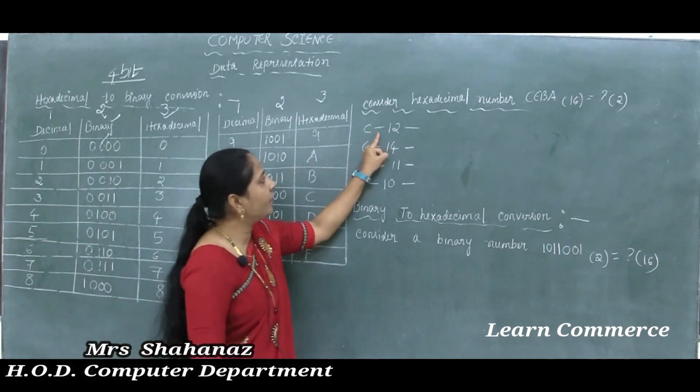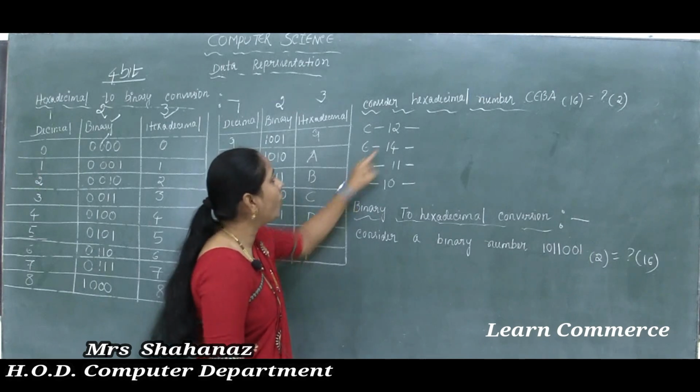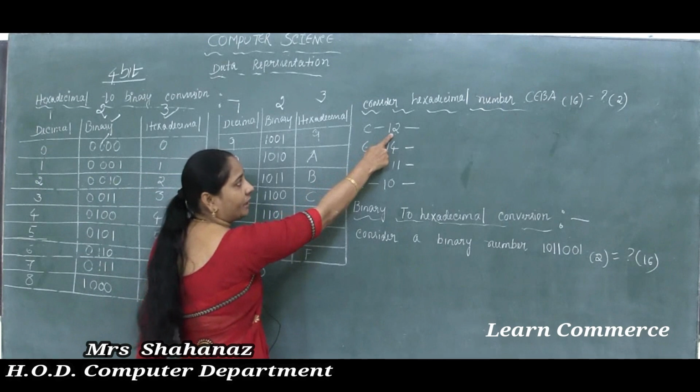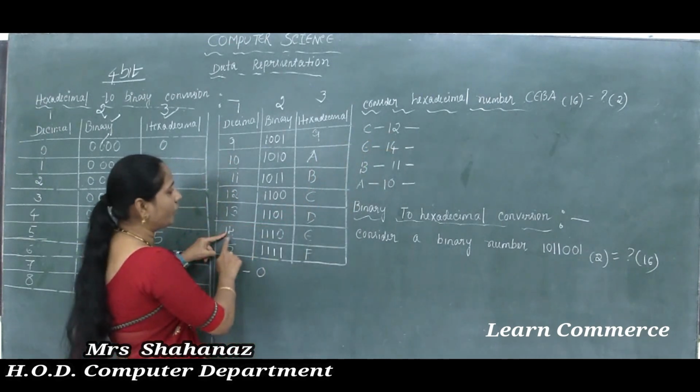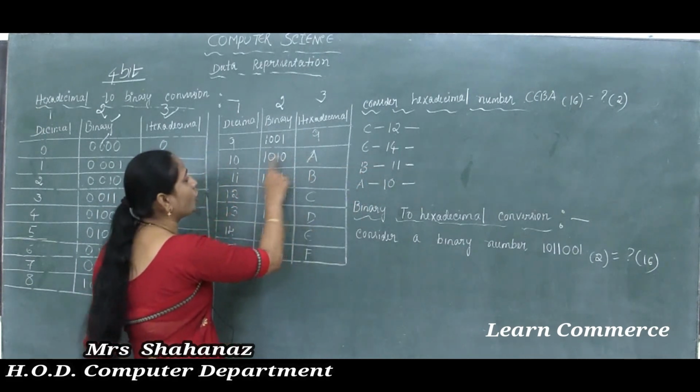Now with the question CEBA, we know the equivalent values: C is equal to 12, as I already wrote, and later E is equal to 14, B is equal to 11, and A is equal to 10, correct?